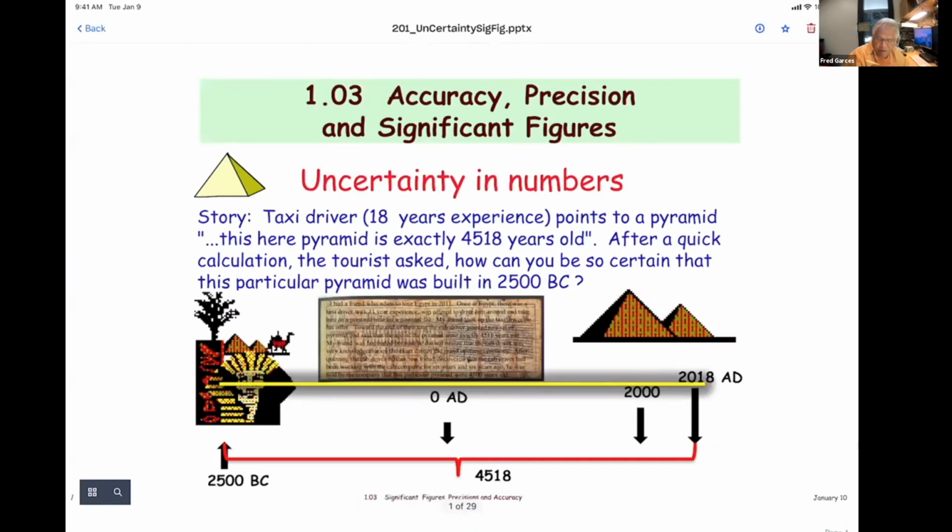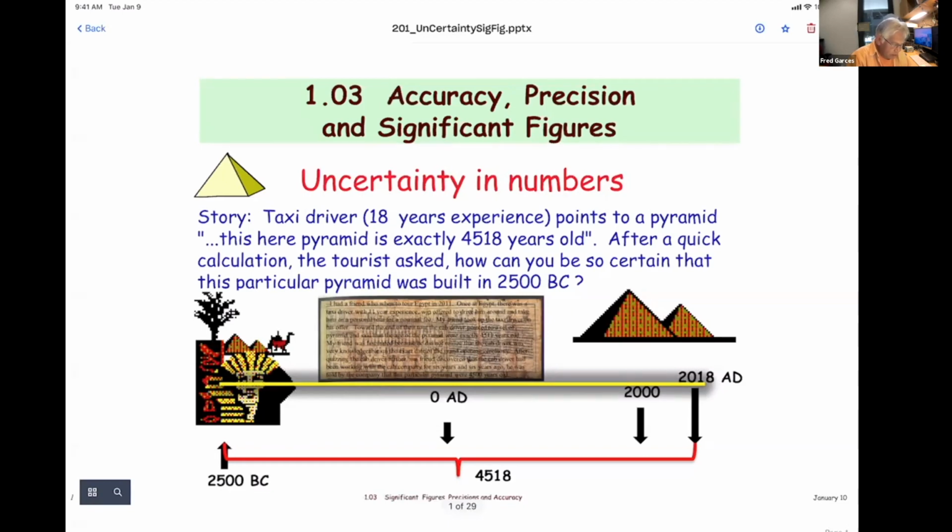Before the COVID thing occurred, there were these cab drivers in Egypt that pick up tourists and tell them for a nominal fee they can drive them to these ancient ruins and tell them the history of these pyramids.